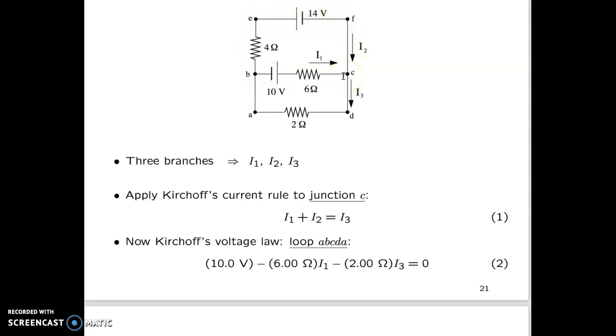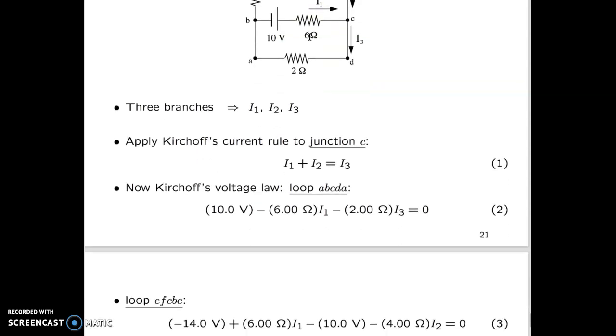Okay, we can do that. So start at E, and the first thing that happens is I cross this battery, and I'm going from the high potential side to the low potential side, so the voltage is going to decrease. That's why it is negative 14 volts.